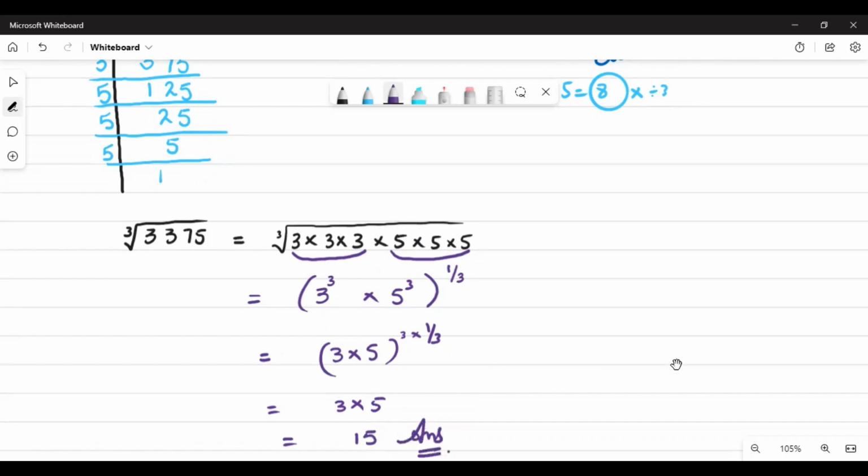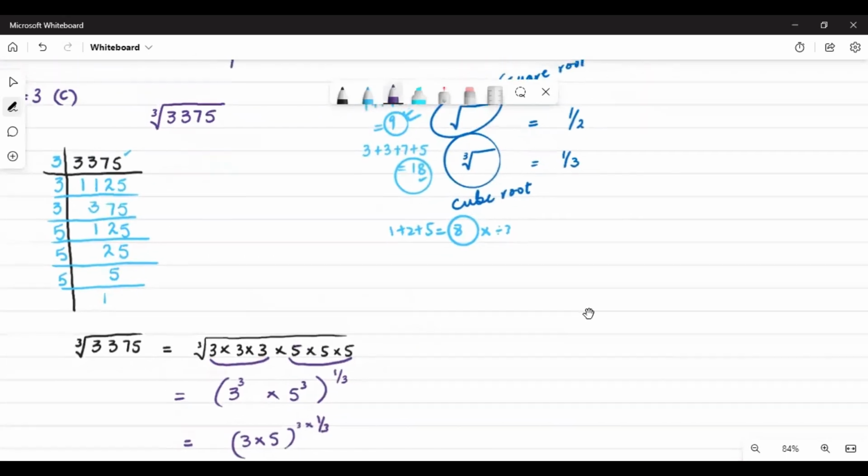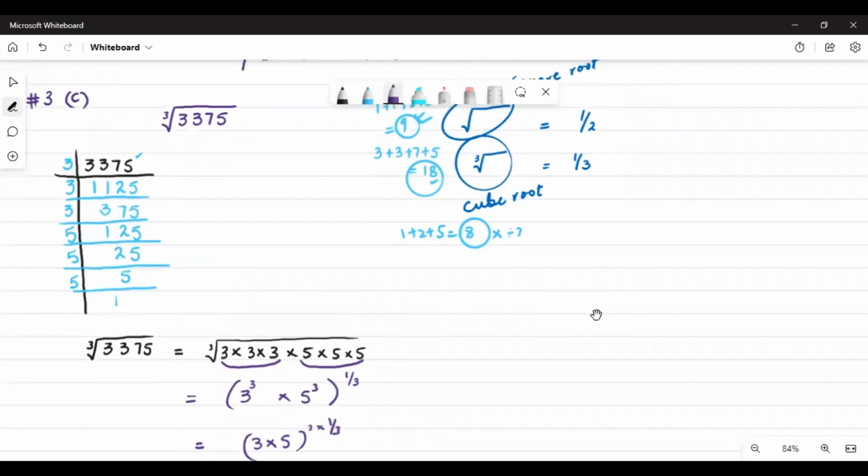Clear? I'm going to repeat it. Just look at this. This is your question number 3C part. We know that we want to find the prime factorization. We have to use prime factorization to find the cube root. In the previous parts, A and B, we did the square root, and we know that the square root value is 1 by 2 and the cube root value is 1 by 3 for today's topic.